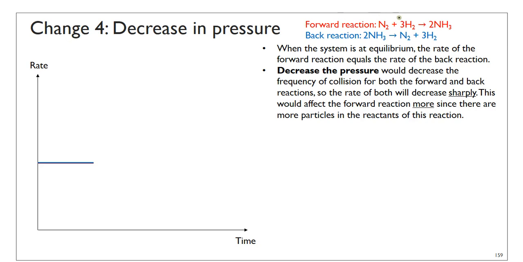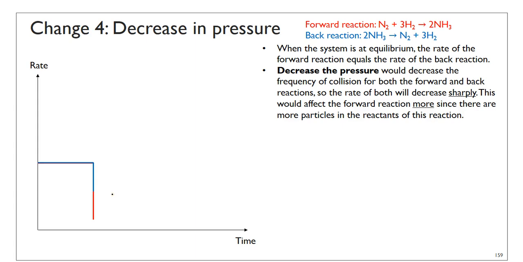However, because the forward reaction normally uses more particles as its reactants, it is going to be affected more by this decrease in pressure. So there will be a more significant drop in the frequency of collisions of the forward reaction. So the forward reaction is going to go down more, whereas the back reaction doesn't go down as much, but both of them have to experience this decrease.